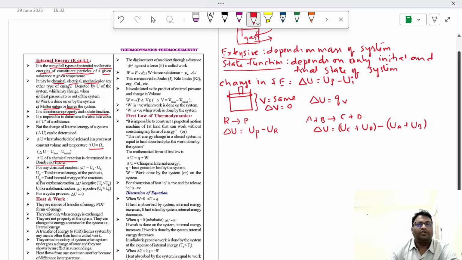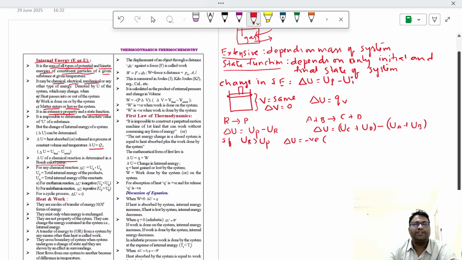So for a reaction, delta U is the internal energy of the products minus the internal energy of the reactants. If the internal energy of the reactants is greater than that of the products, then delta U gives a negative value.